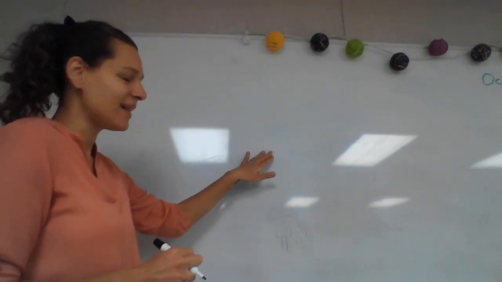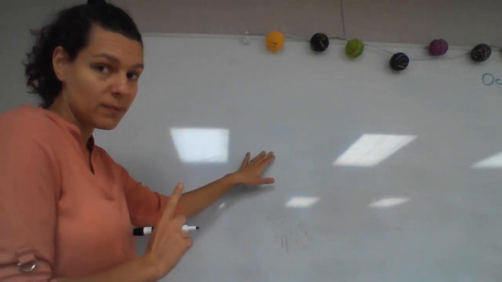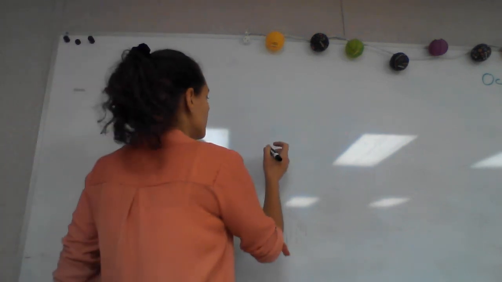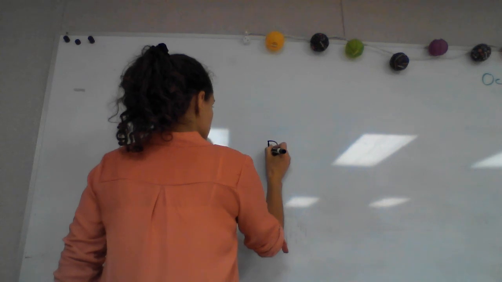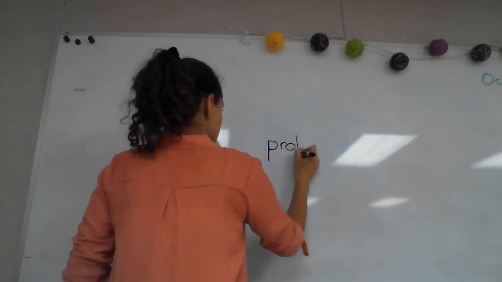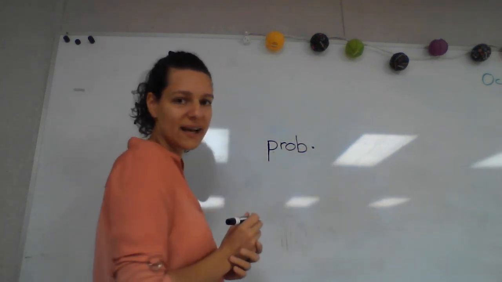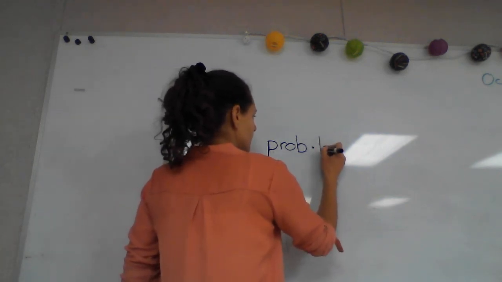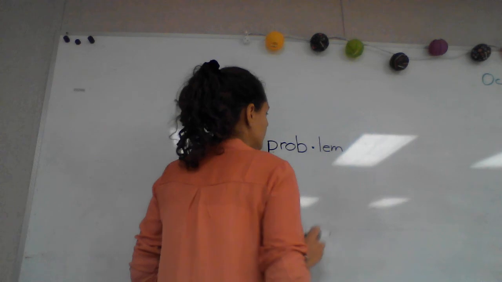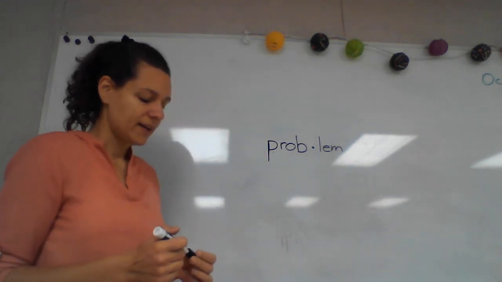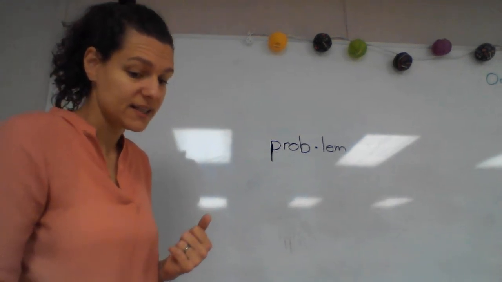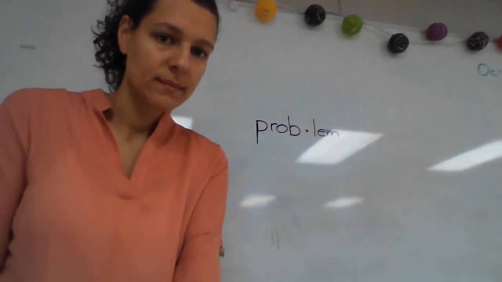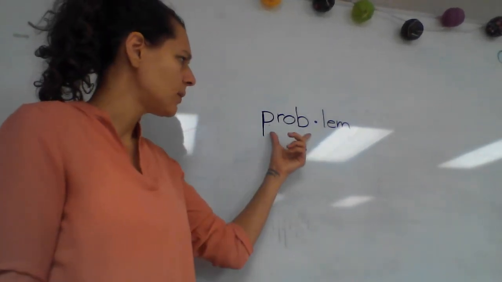All right, help me out, class. What's the first syllable in the word you just wrote? Oh, good, prob. Good, and what's next? The next syllable? Good, lem. All right, then all I would need is my thinking cap. Do I need one in the first syllable?